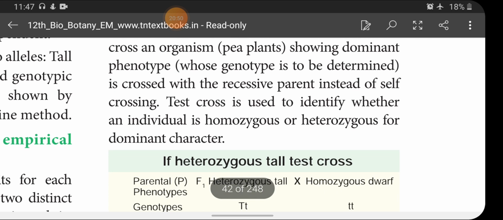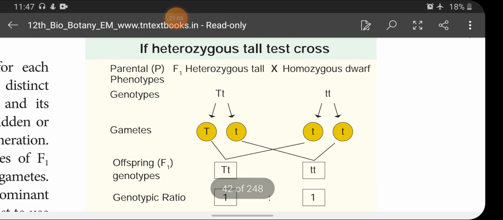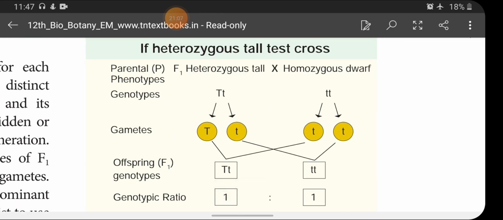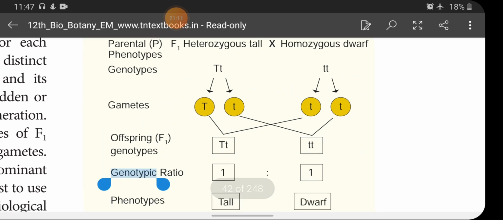A test cross is used to identify whether an individual is homozygous or heterozygous for the dominant character. This is the important thing. If heterozygous tall is test crossed with homozygous dwarf, what will we see here, children? You can observe this by yourself.